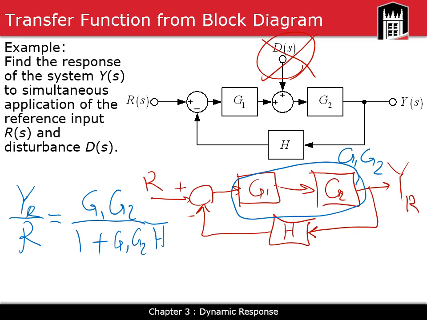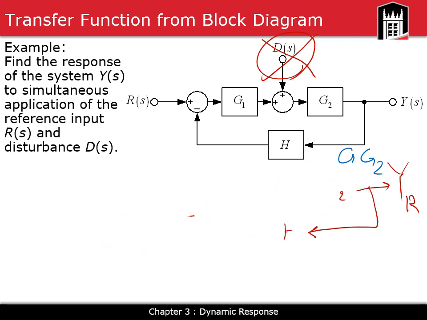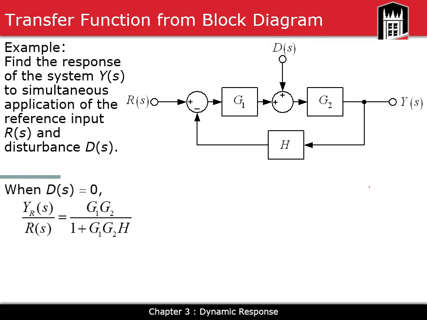Now, next thing we want to do is to find the transfer function from the other input D to Y and assume that R is 0. For this, I'll have to erase what we have. So erase everything. Let's first see the result.